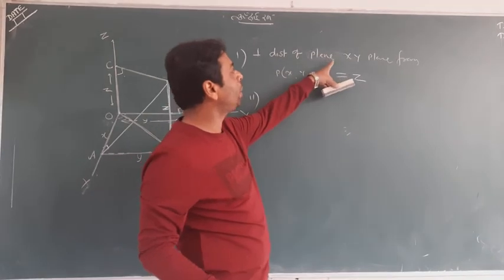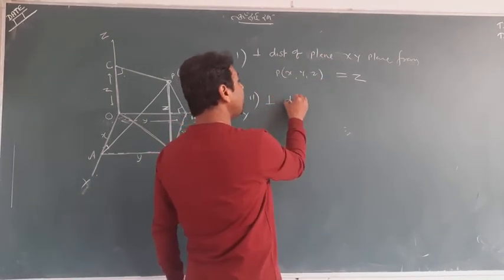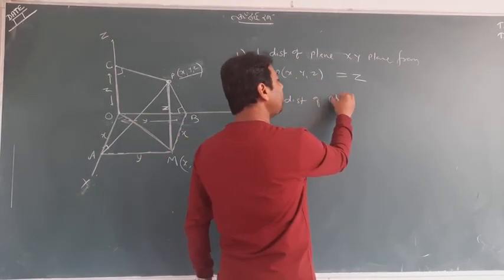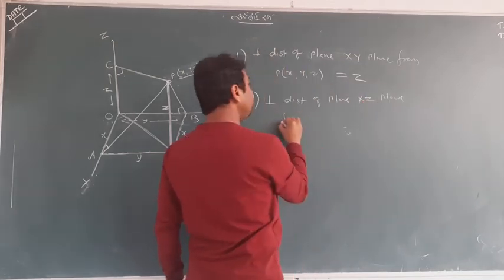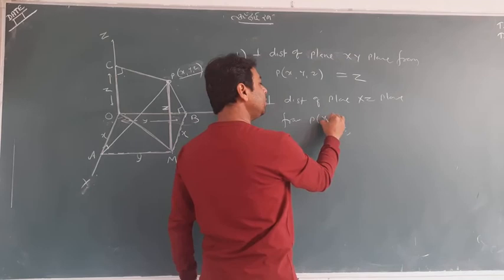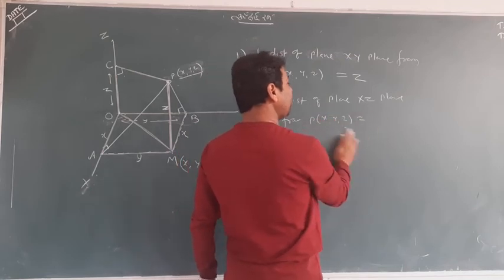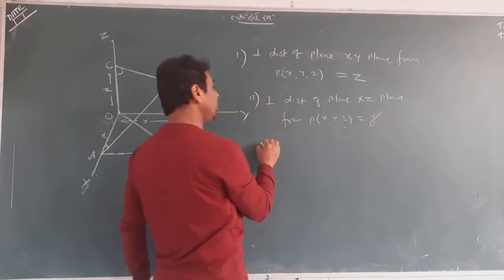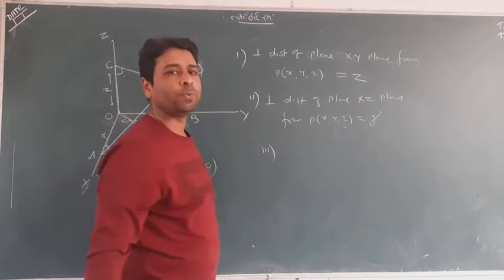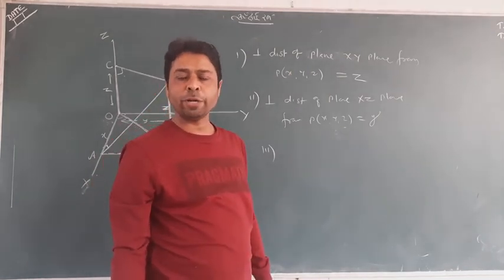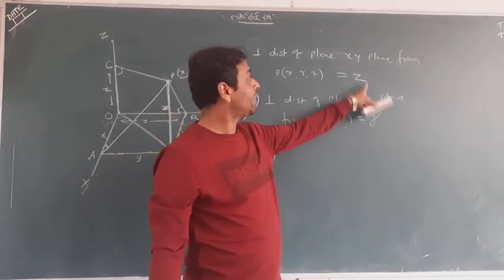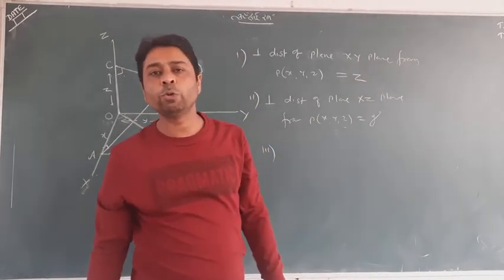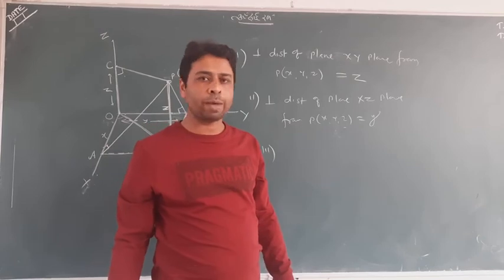Suppose I take the xz plane from P(x, y, z). This time it will definitely be y. And third, you can say in your own words that the perpendicular distance of any point from the yz plane is going to be equal to x. So three more formulas we have got.